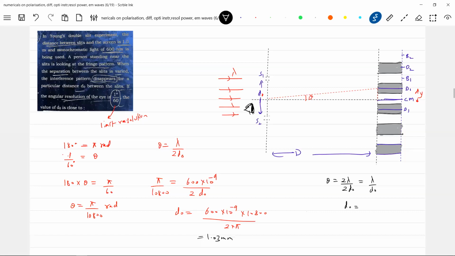Substitute this, this will become nearly 2 millimeter. Am I right? 2 times of this one.